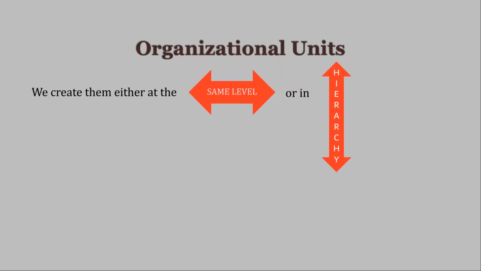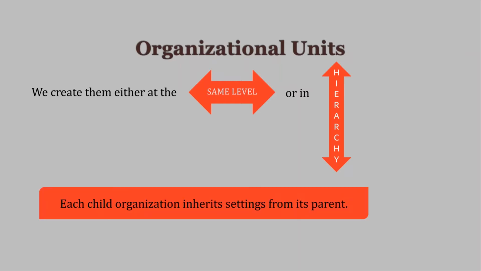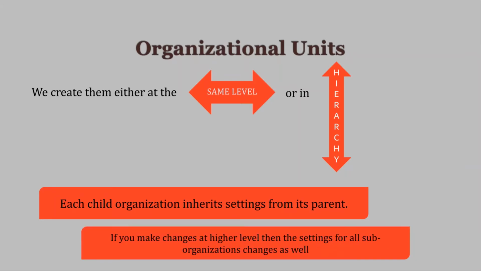Whenever we create an OU in a hierarchical manner, each child organization inherits settings from its parent. By this I mean if you change a setting at a higher level, then the setting for all sub-organizations changes as well. If you want to make changes to the inherited settings, you can customize the settings for the child OU whenever required.